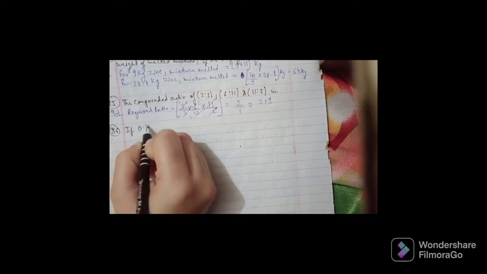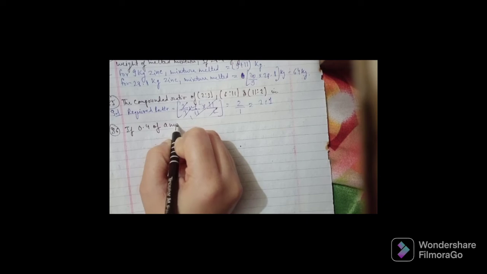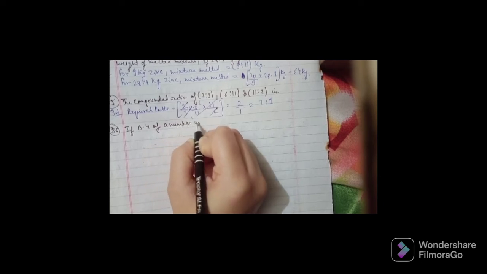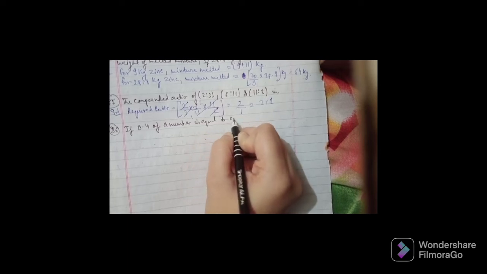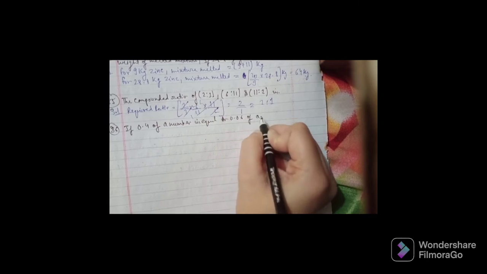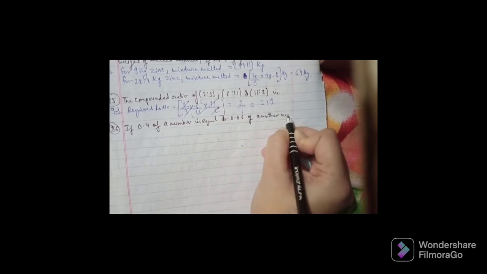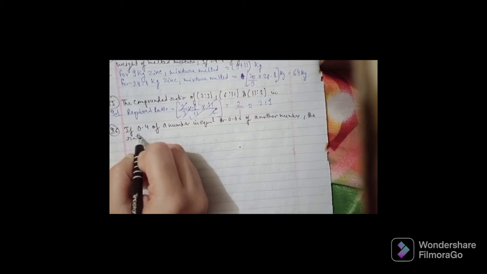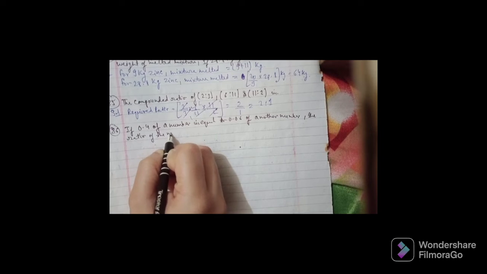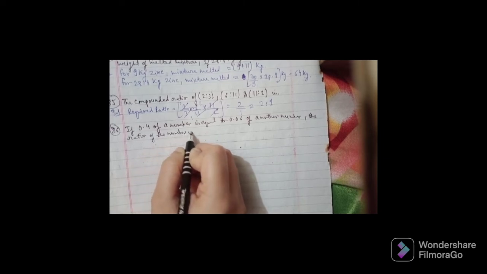If 0.4 of a number is equal to 0.06 of another number, the ratio of the numbers is what we talk about here. The options are 2:3, 3:4, 3:20, and 20:3.